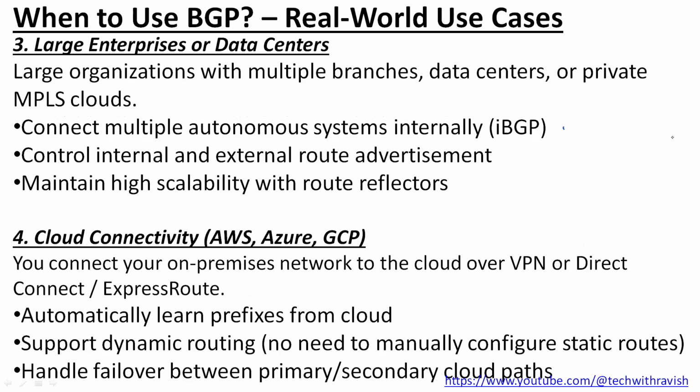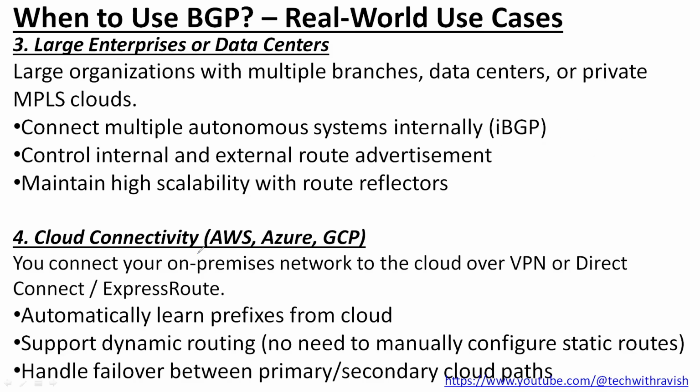For large data centers and large organizations with multiple branches, they also need a separate AS number to share data internally. We have to use the iBGP protocol, because iBGP also handles the routing design with the help of policy based routing. So in case of a large organization, we can use that.